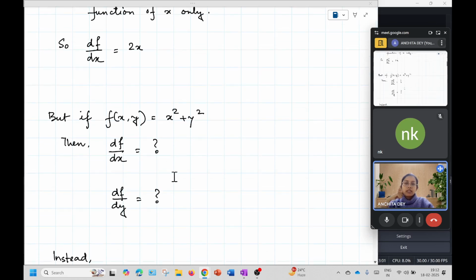Since f is a function of two variables, you cannot completely differentiate f with respect to any one of the variables. You need to take what is called partial differentiation.